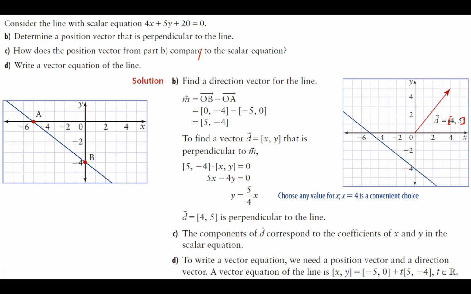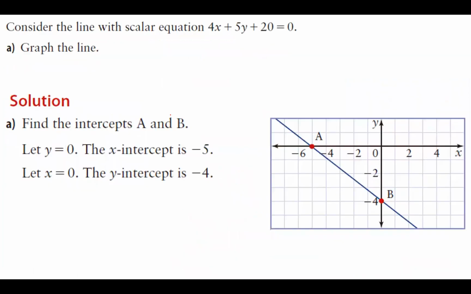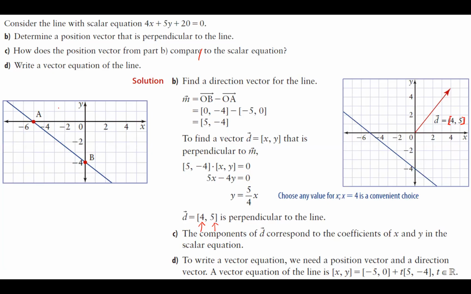Okay, next, the components of vector d correspond to the coefficients of x and y in the scalar equation, right? Note that the x component is 4, the y component is 5. And also, you can see that in the scalar equation of this line, the coefficient of x is 4, and the coefficient of y is 5.